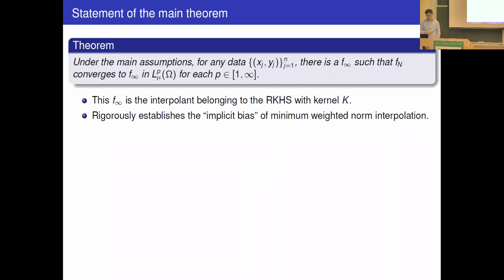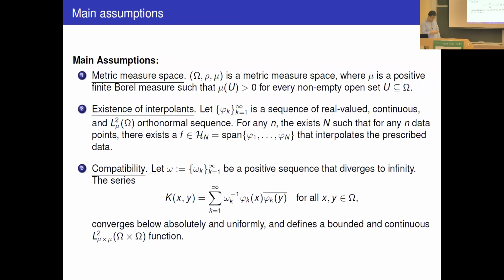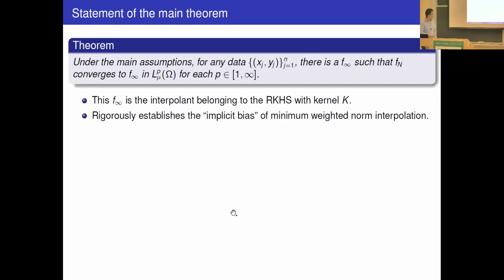And this f infinity is a very special function. It's the interpolant belonging to the reproducing kernel Hilbert space of this kernel capital K, where this capital K is this kernel here that's defined in terms of the phis and the omega.